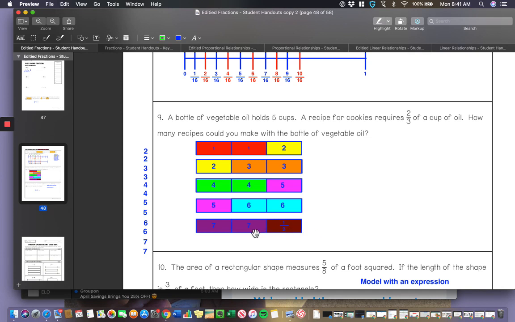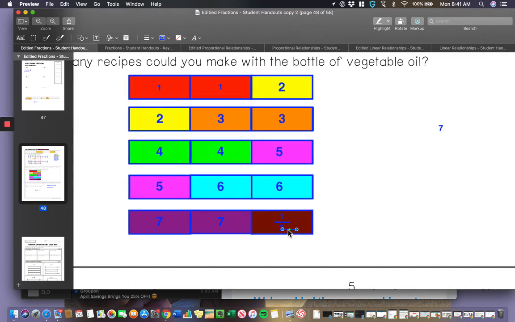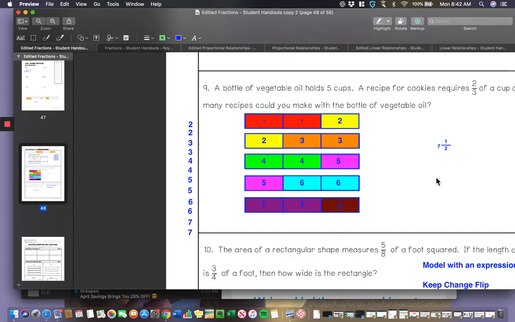So your answer here, how many total servings can I have in these 5 cups? Well, I can have 7 total full servings, so I can make 7 full servings of cookies, and then I can make only a half of another serving. So your answer for that one can be 7 1/2.